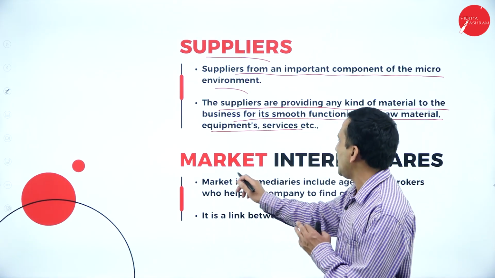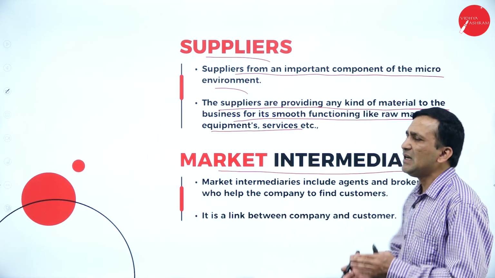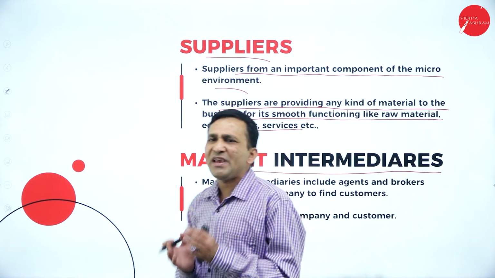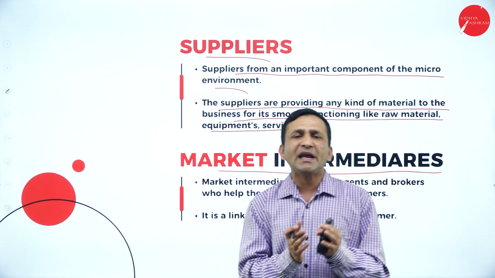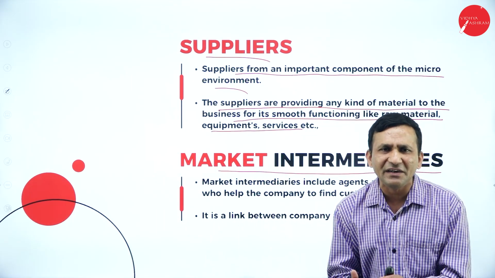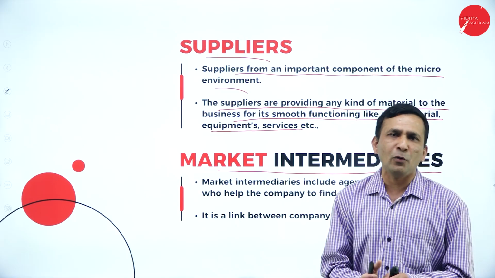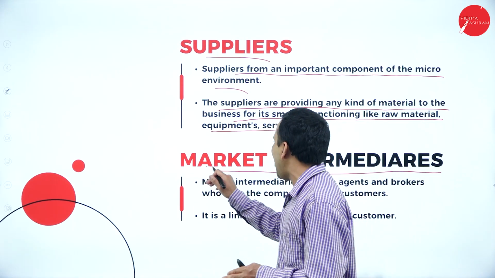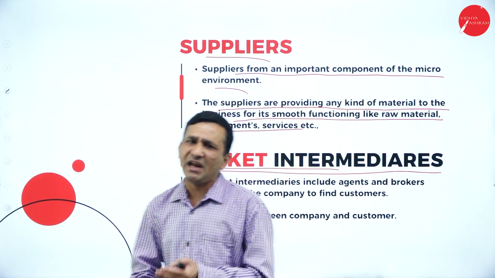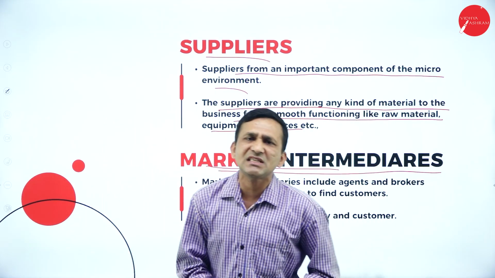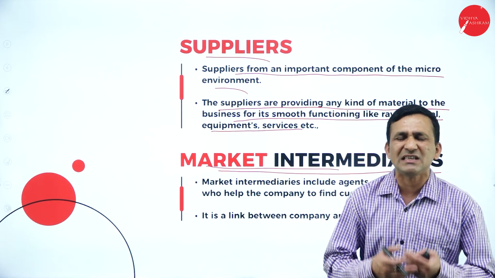Okay. Next, under market intermediaries, as I just told, because we are in the competitive world, of course we need to take support from the market intermediaries, those who really support your business. Your market intermediaries can be classified into many types: mediator, agent, wholesaler, retailer, distributor, stockist.